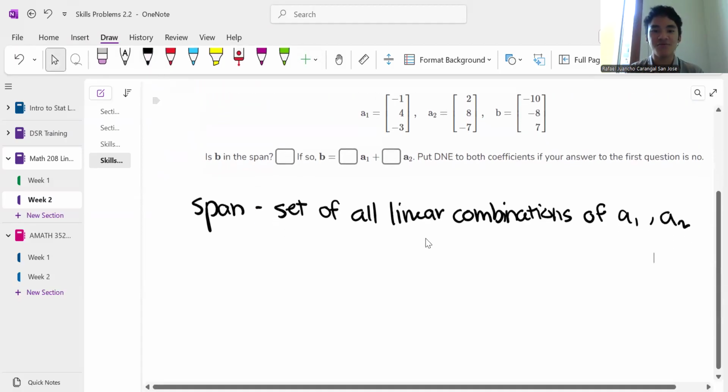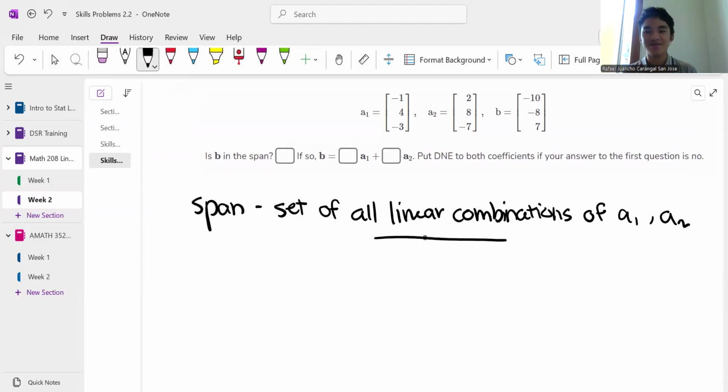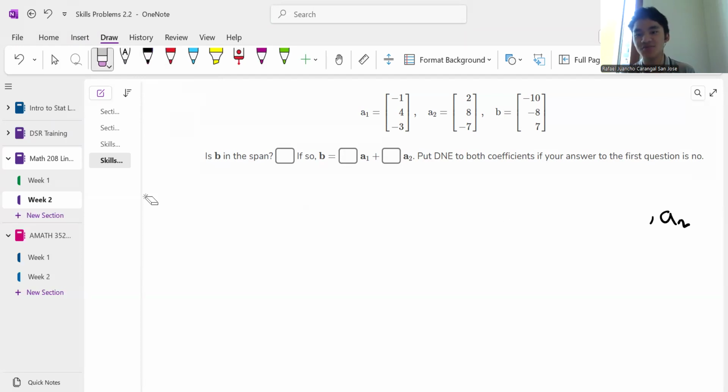Now, we haven't covered this, but what exactly are linear combinations? Let's do it in a math way. So linear combinations, let's say we have those two vectors, a sub 1, a sub 2. And remember, scalars are basically real numbers. Let's denote them as alpha.